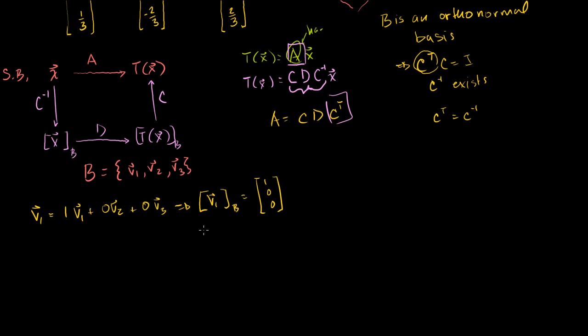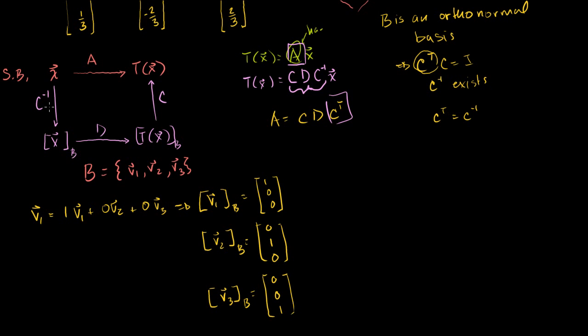Let me just write it over here. v2 in my new basis is just going to be 0 times v1 plus 1 times v2 plus 0 times v3. Remember, these coordinates are just the coefficients on my basis vectors. And then finally, v3 in my new basis is just going to be 0 times v1 plus 0 times v2 plus 1 times v3. This is almost trivially easy.